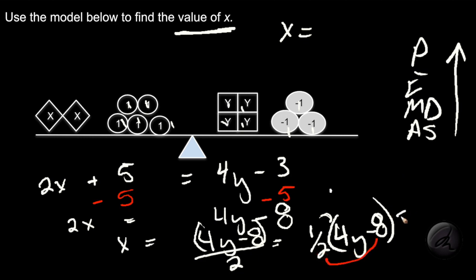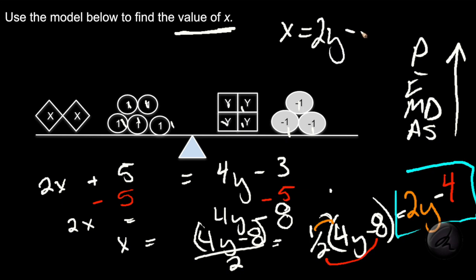So then that would give me 1/2 times 4, that'd be 2y, minus 1/2 times 8, 4. Well, that's even prettier. Look at that, 2y minus 4. So x equals 2y minus 4.